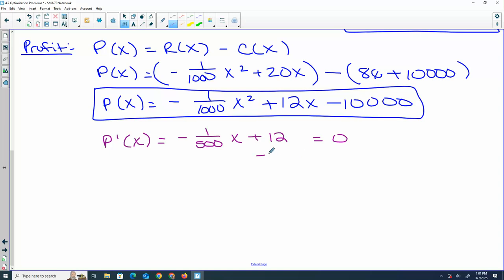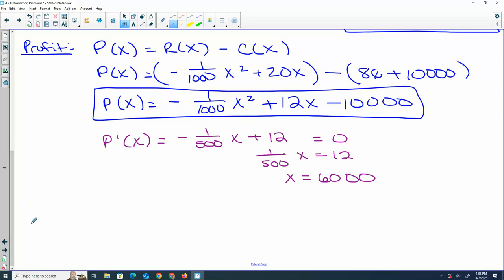So negative 1 over 500x plus 12 equals 0. Oh, back up. Okay, and we get 6,000.